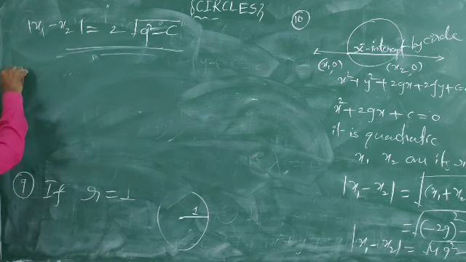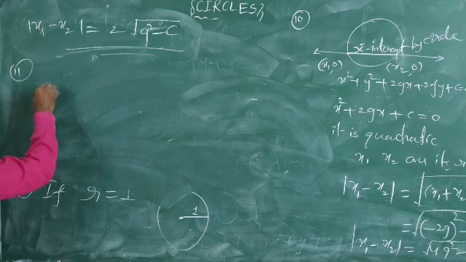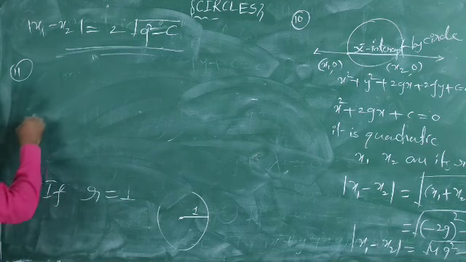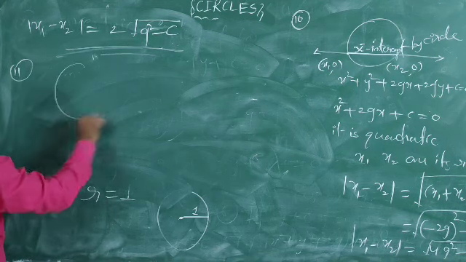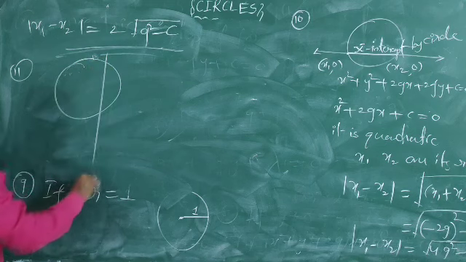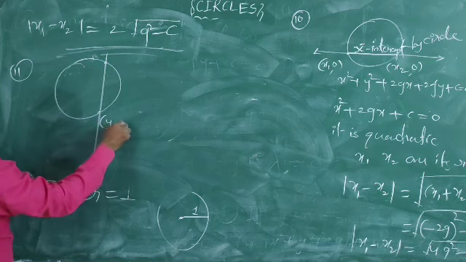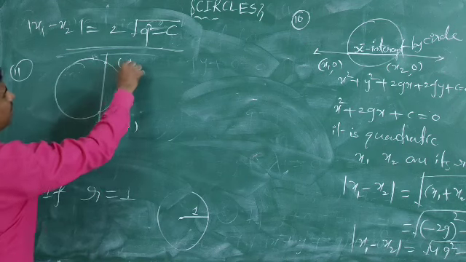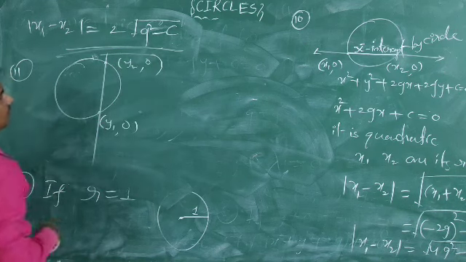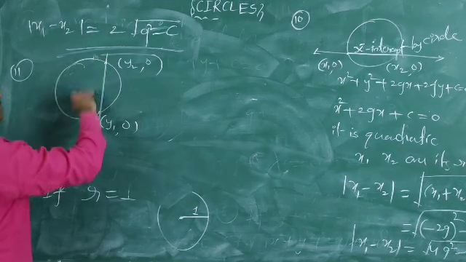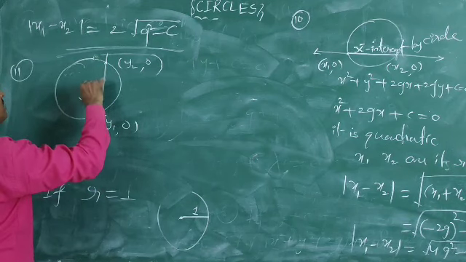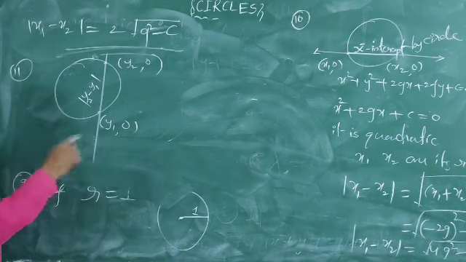Like that, the 11th point, the y-intercept. The y-intercept means the circle meets the y-axis at 2 points. We don't know them, maybe y1 comma 0 and y2 comma 0. Now the distance between them is y2 minus y1 or y1 minus y2, modulus.